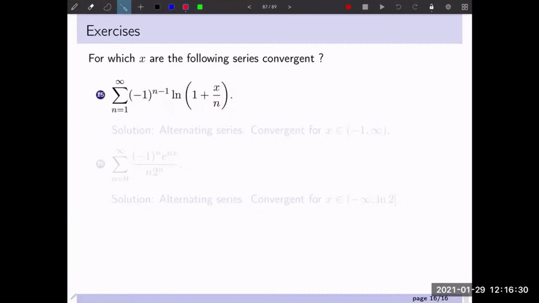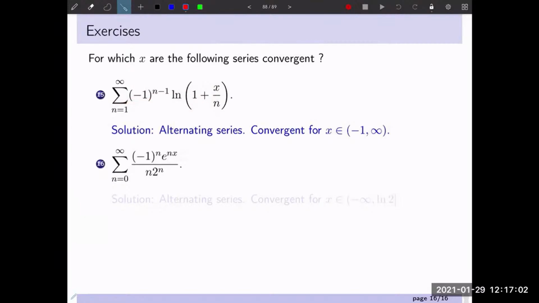When x is negative, this is also an alternating series, but this would be roughly equal to negative x over n. So therefore, generally speaking, for all x such that this function makes sense, the series will be convergent.